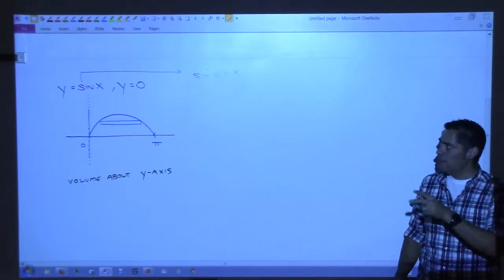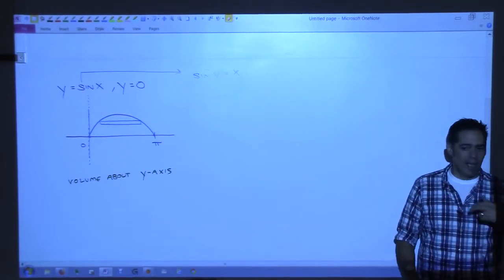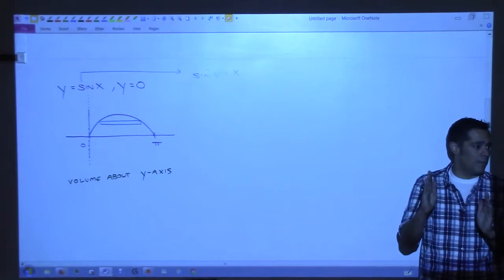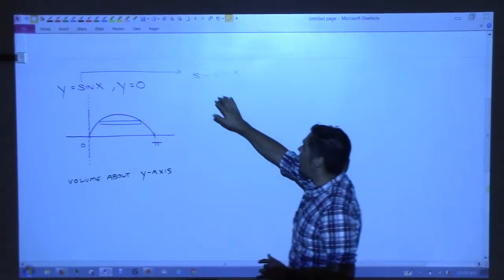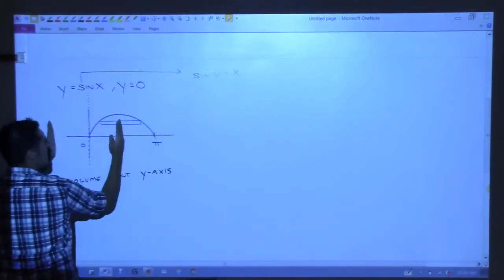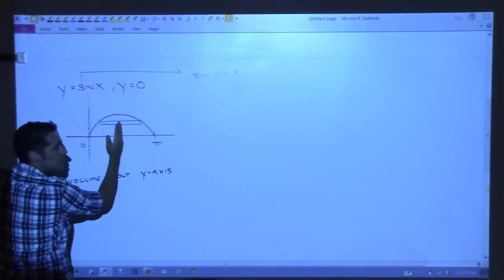When we define arc sine, we had a domain restriction. We had to cut the sine function between negative pi over 2 and pi over 2. So you're not even allowed to talk about arc sine if you're outside of negative pi over 2 and pi over 2. So you can't do that.